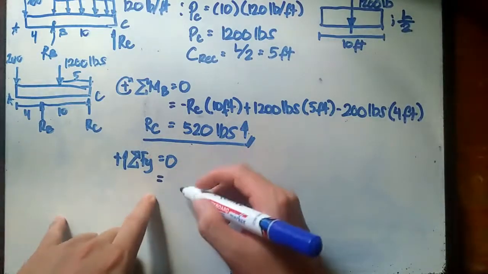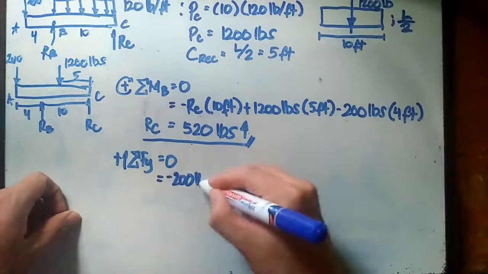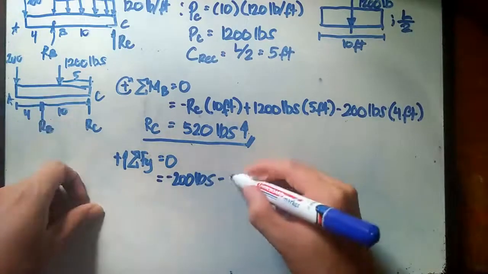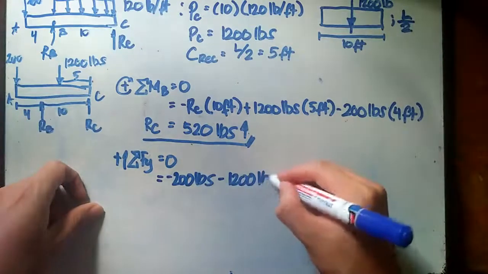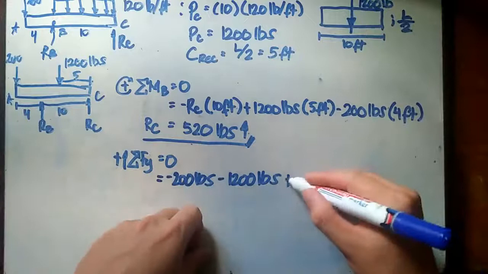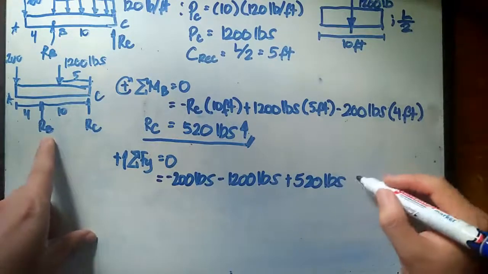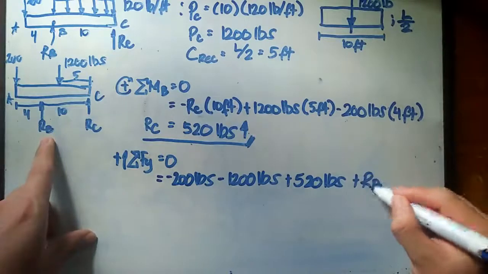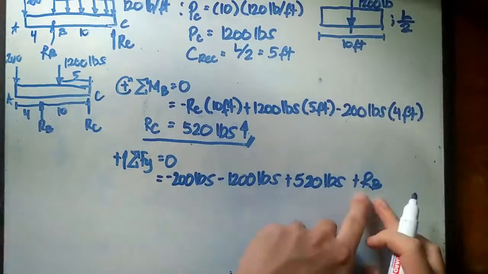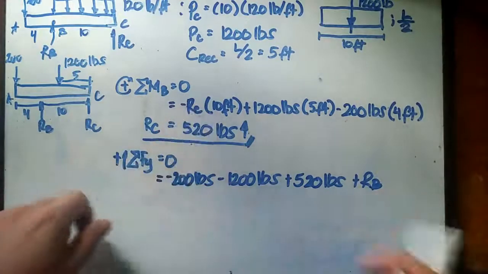Sum all of the forces acting on the vertical, so that should be negative 200 pounds. We have this negative 1,200 pounds. We have this R sub C, which is 520, so positive 520 pounds. And last but not least, plus R sub B. All we need to do is to solve for R sub B by transposing everything here to the other side and then rearrange.